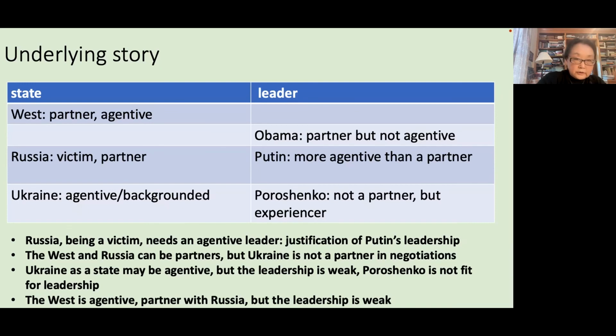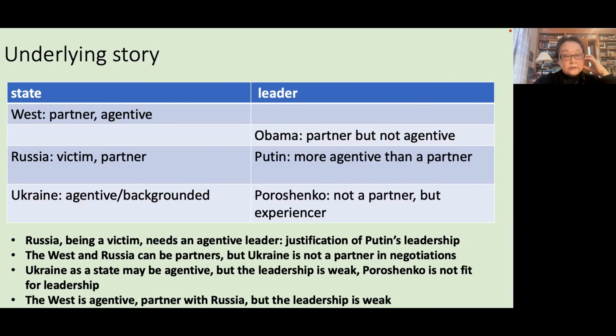In this multitude of texts, you have this kind of grammatical case marking that would indicate Putin is a fit leader. Russia as a victim really needs a strong leader like Putin.